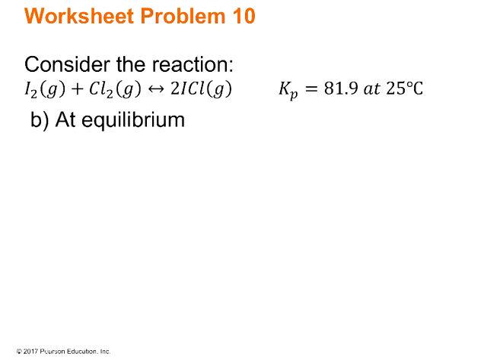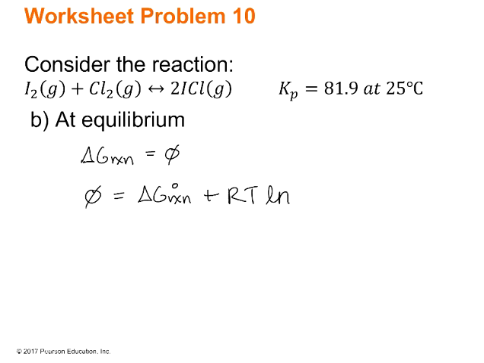Now, what about at equilibrium? So remember, at equilibrium, delta G under non-standard conditions will equal 0. So that means that we can set this equation equal to 0.